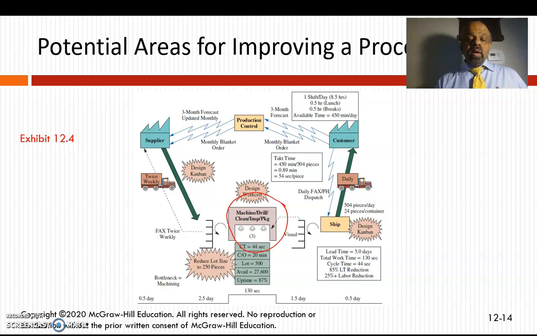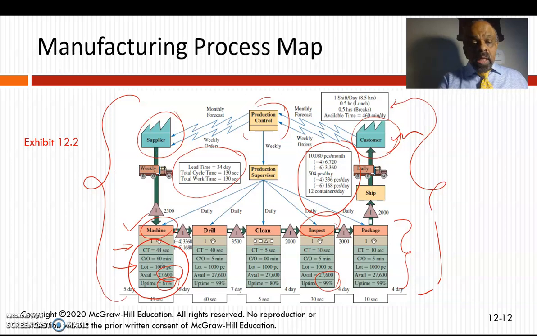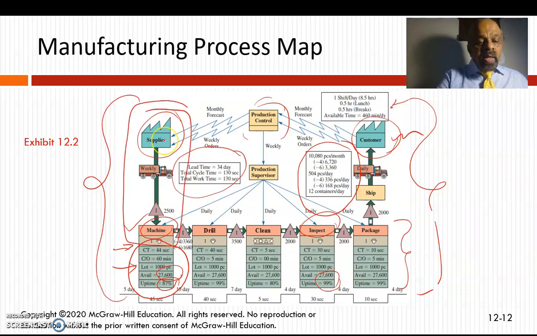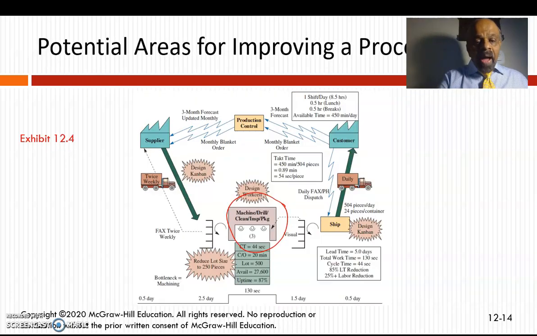By showing these processes, you can also identify potential areas for improving the process. For instance, this whole thing of the supplier to the machine can be replaced by designing a Kanban. We're going to be talking about what a Kanban is in a few minutes.